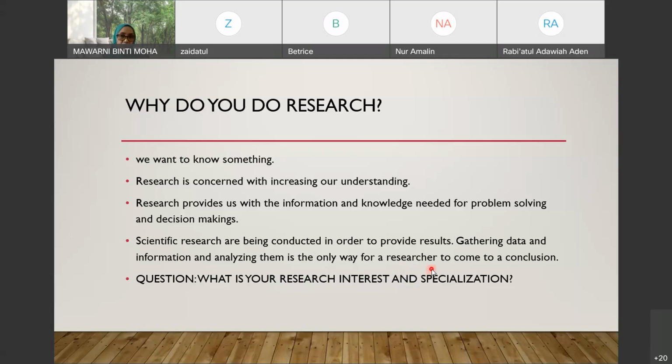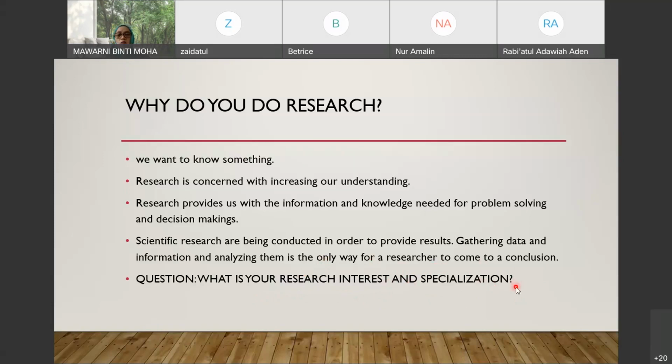Gathering data and information and analyzing them is the only way for a researcher to come to a conclusion. So it makes you different from other workers who have not had the chance to actually do it. So the first question before you embark on research is your research interest and your specialization.